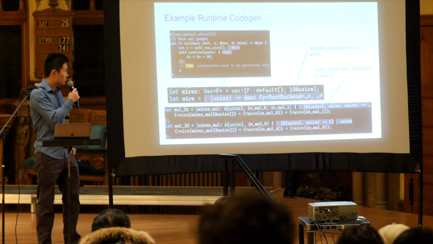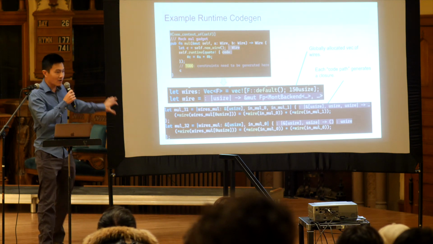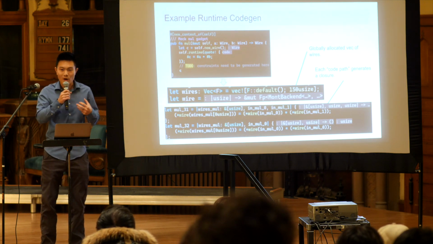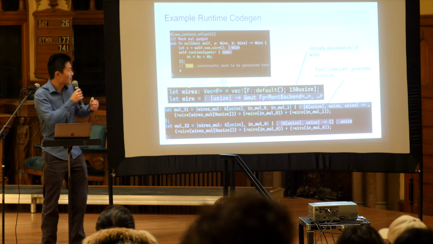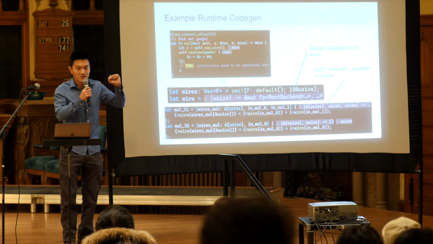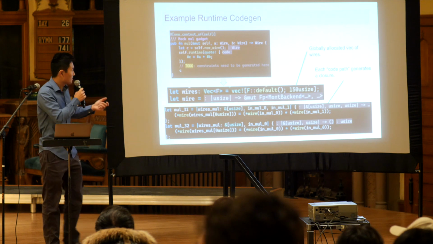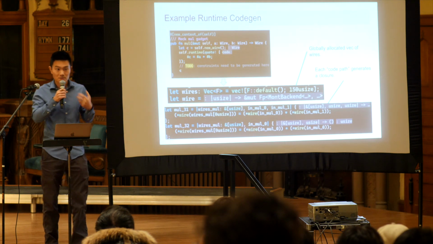And the reason why there's 2 versions of these functions here is that there's an edge case where you want to multiply the same wire twice, right? If A and B are the same, pointing to the same location, then the computational path is different.